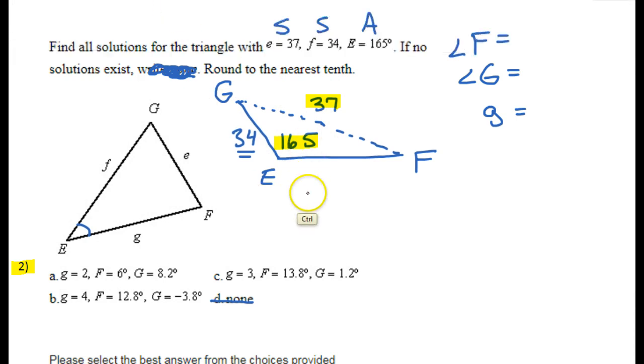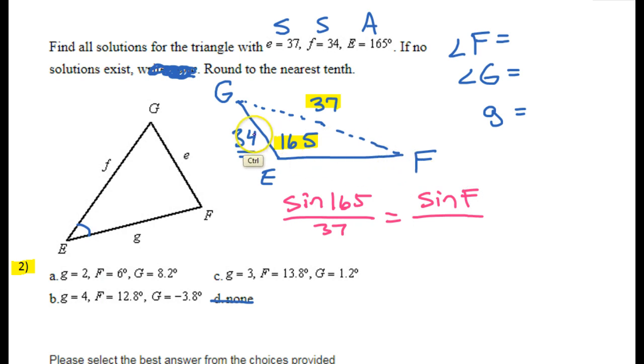I'm trying to find angle F, so I'm going to put my angles on top. I'm going to say sine of 165 over 37, the sine of the angle divided by the side, should be equal to the sine of angle F over side F, which is 34.